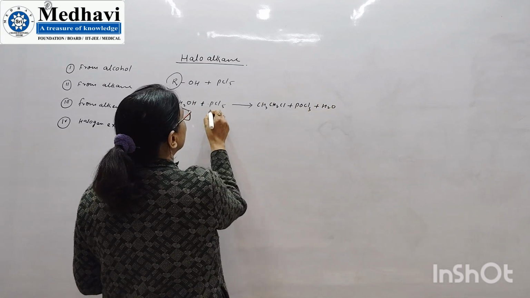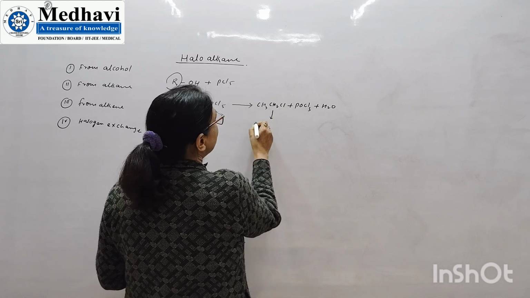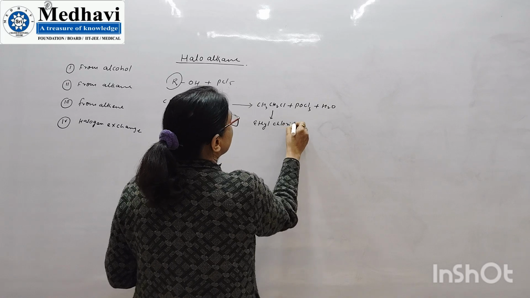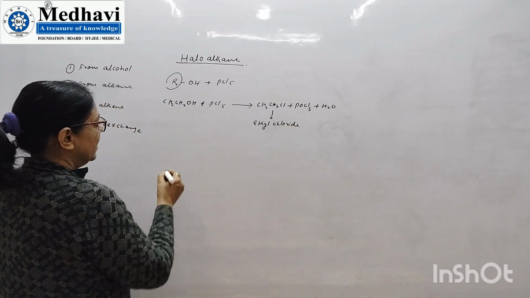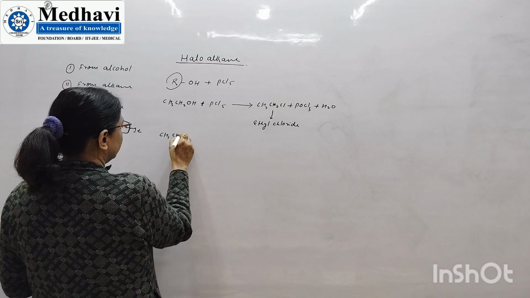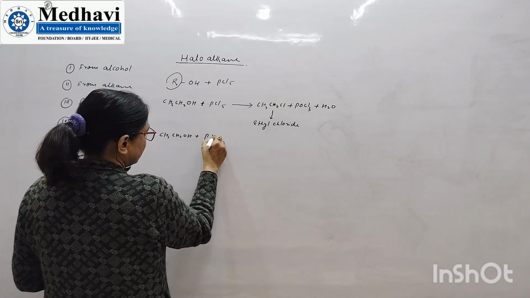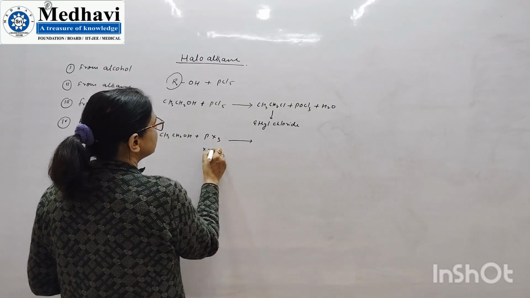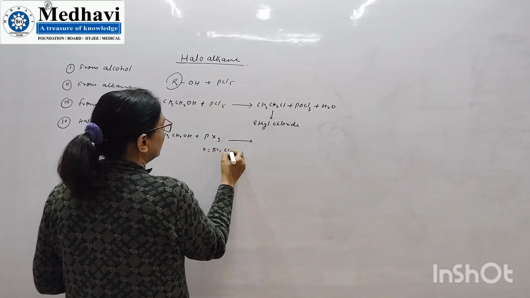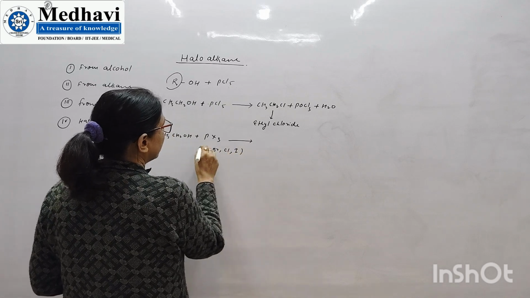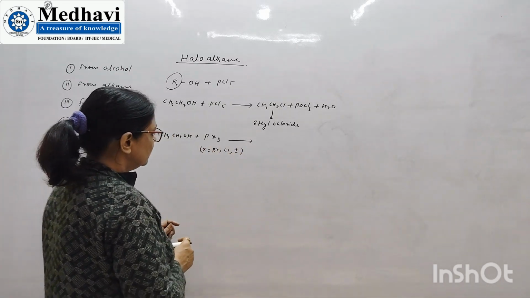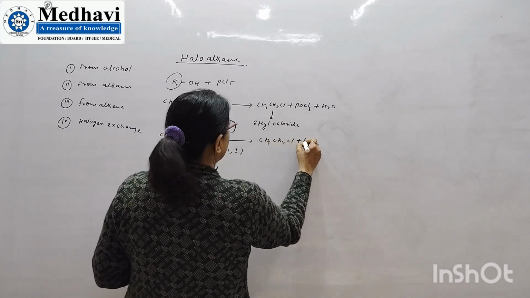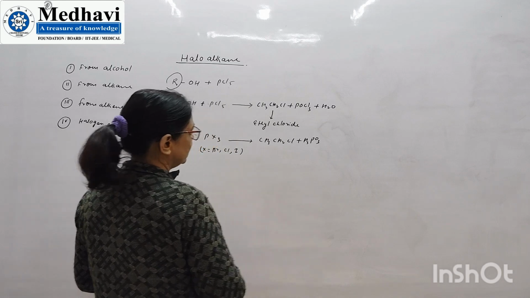Using phosphorus pentachloride, we can prepare only chloroethane or ethyl chloride. If phosphorus trihalide PX3 is taken, then here X is bromo or chloro. The product is CH3CH2X and H3PO3, phosphorus acid.